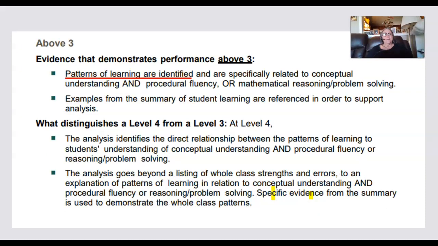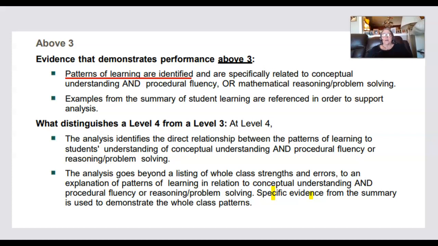Above a 3, that would be where you are able to identify patterns of learning. For example, you might say, my students did better at procedural fluency than they did at conceptual understanding. My students understood the concept but struggled with the procedure.